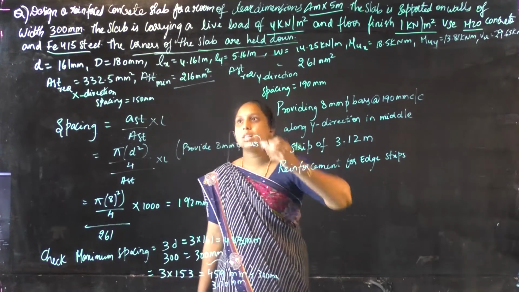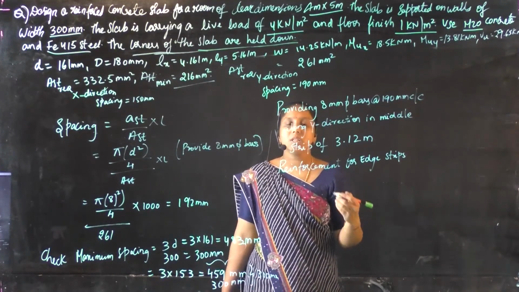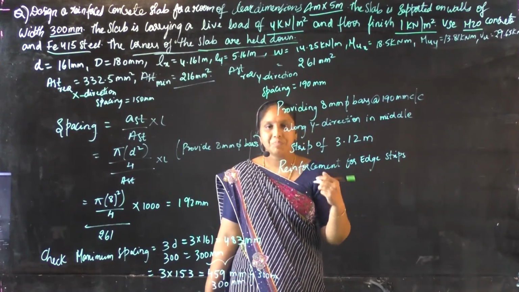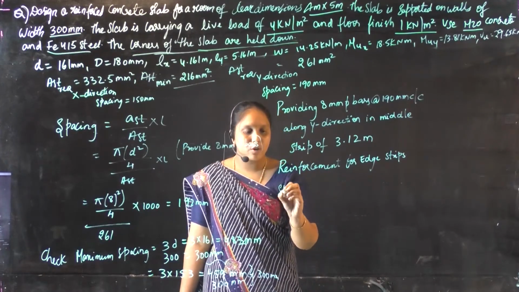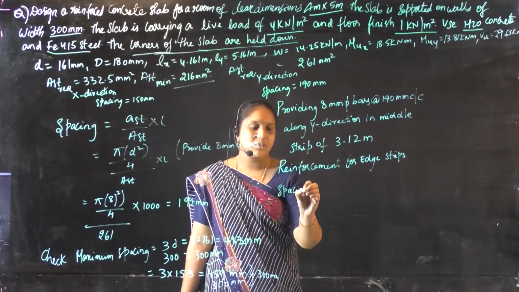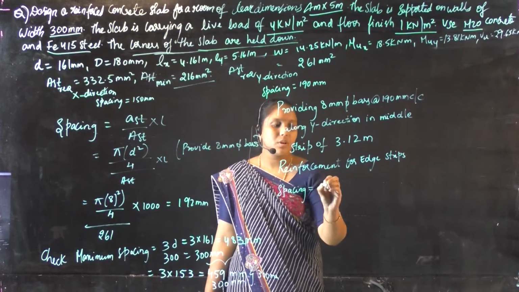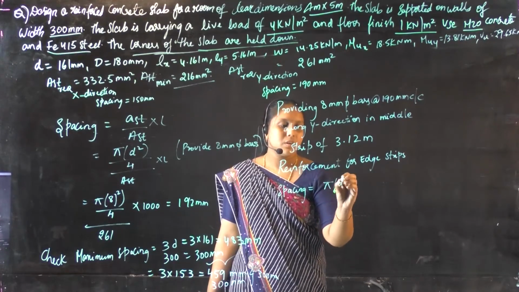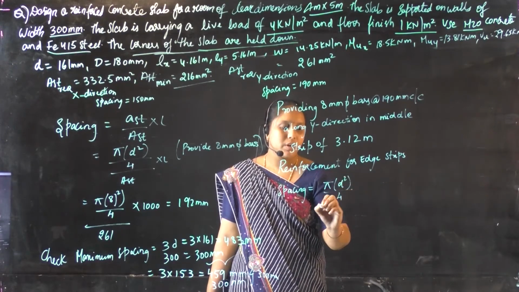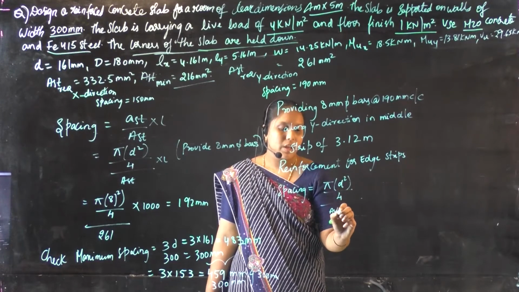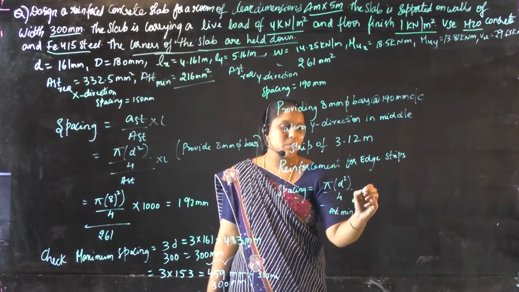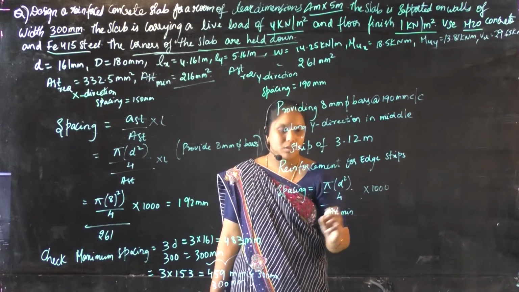So by taking the AST minimum, I am going to find out the spacing. So how will I find out the spacing? The spacing is equal to pi d square by 4 divided by the AST minimum into 1000.